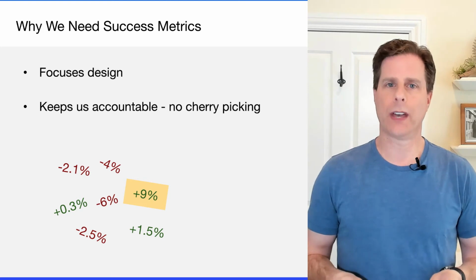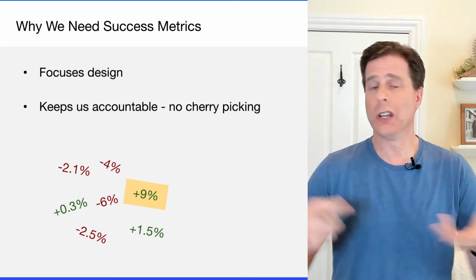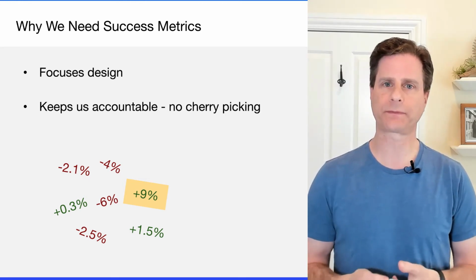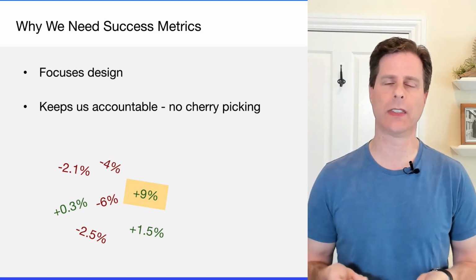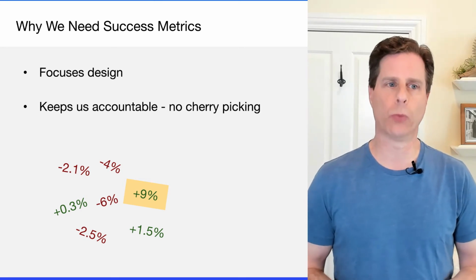The problem with that is if we have multiple success metrics or none at all, and we just cherry pick whatever metric happened to move the most, everything we launch will then look like a success. And that really hinders our ability to learn about what works and what doesn't.